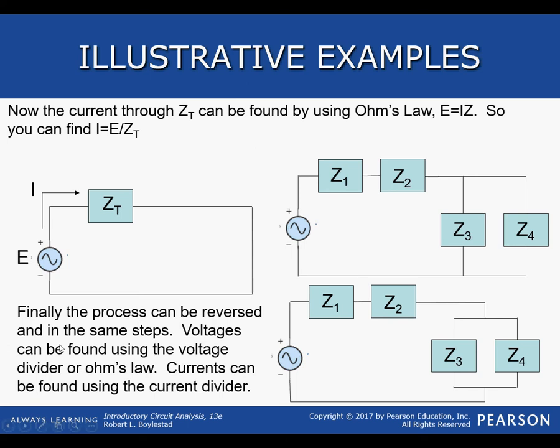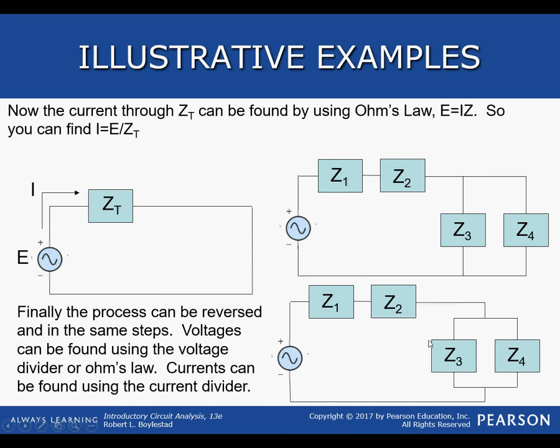And then whenever you go backwards, you can find voltages using the voltage divider or Ohm's law, and currents can be found using the current divider. For example, if you wanted to find the voltage from this point to this point, you would have to use the voltage divider, with this being one element and this being the other element, and you know what the total impedance is.